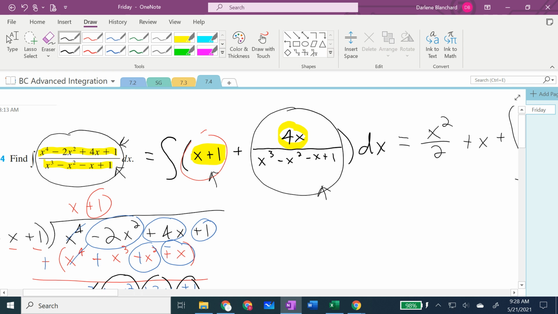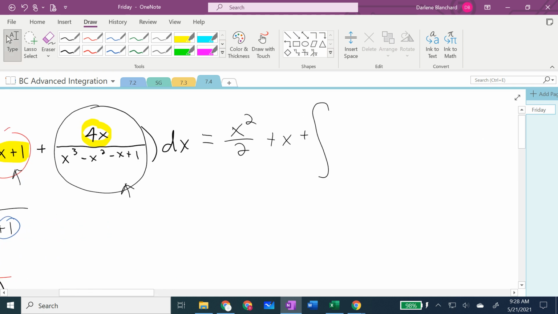But now what I'm working with is a degree 1 polynomial over a degree 3 polynomial. And so that's my new focus, is trying to rewrite my degree 1 over my degree 3.